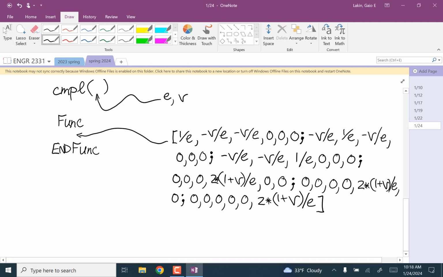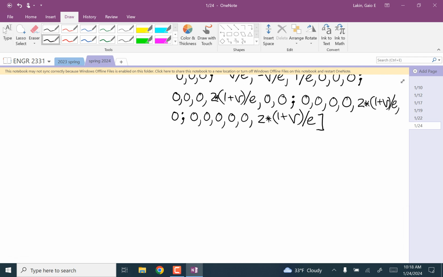Okay, so now the TI-84, and I believe it's the same for the TI-83. One of those calculators that doesn't have memory to do a matrix.